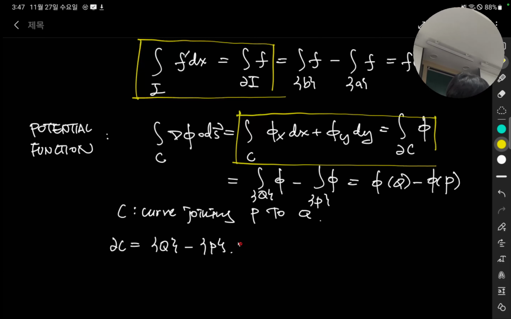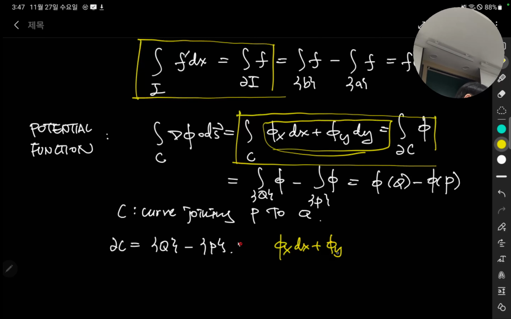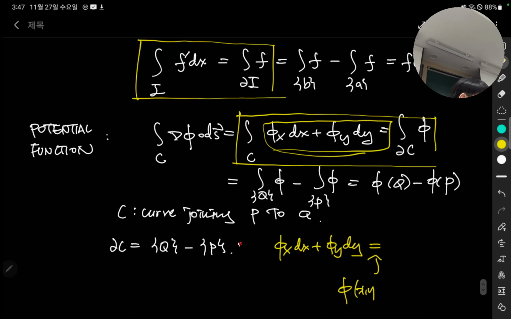And let's look at this part. What is this? Phi x dx plus phi y dy. Since phi is a two-variable function, I'm assuming the curve is inside a two-dimensional plane.